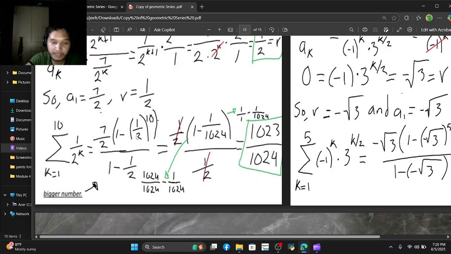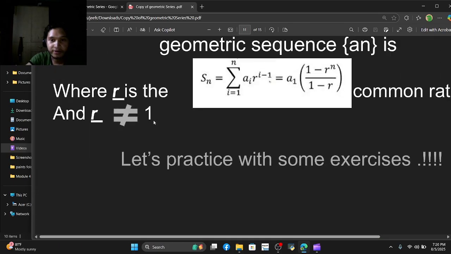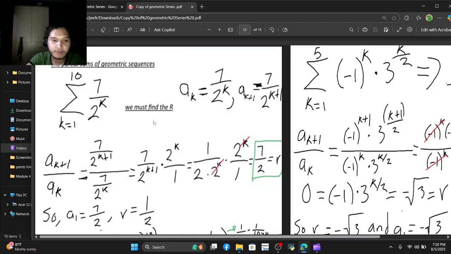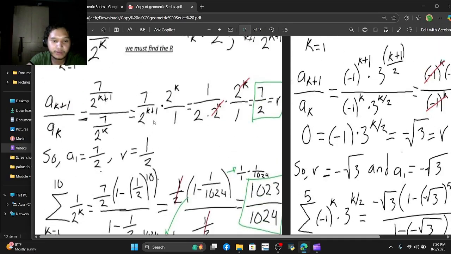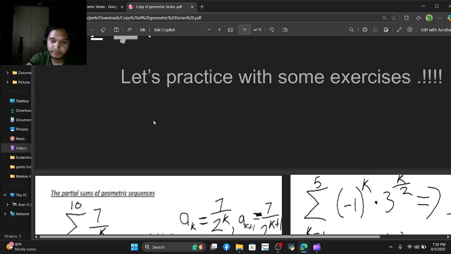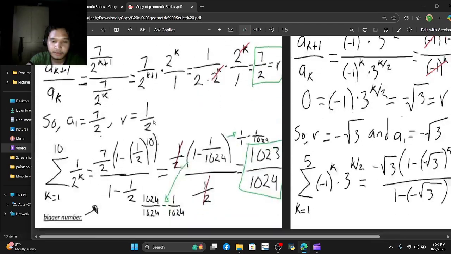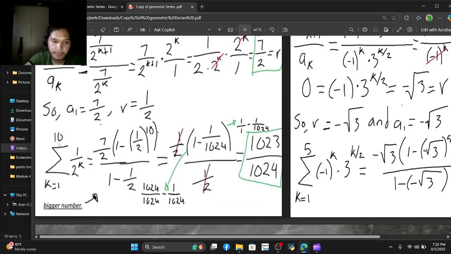The ratio is 1/2, also to the power n. Now, what's the number that we want to know? This number n gets substituted by the limit. Why? Because we're using the formula of adding all of the numbers.